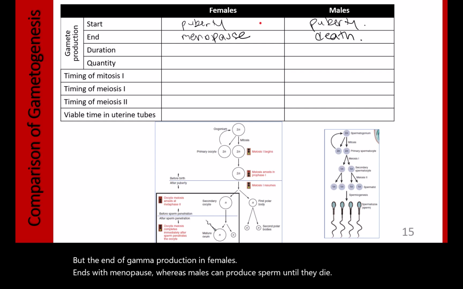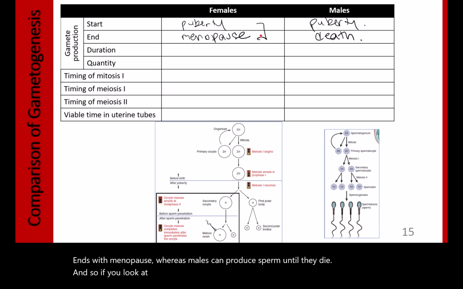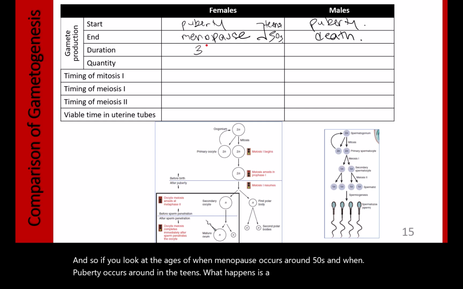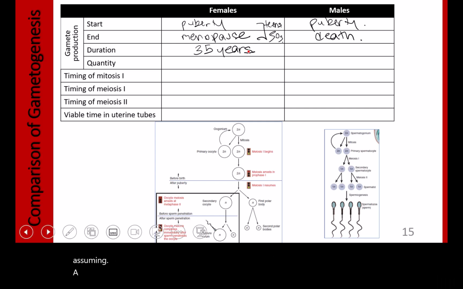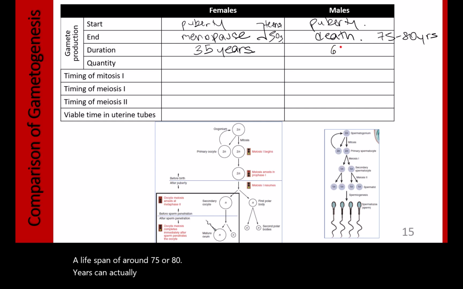And so if you look at the ages, menopause occurs around the 50s, and puberty occurs around the teens, so a female can produce female gametes for around 35 years, whereas a male, assuming a life span of around 75 or 80 years, can actually produce sperm for around 65 years.